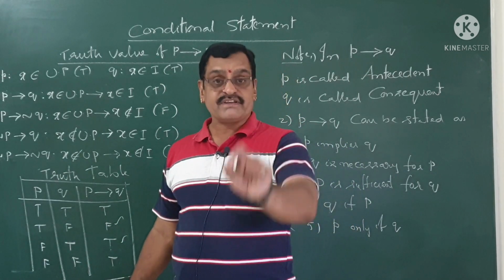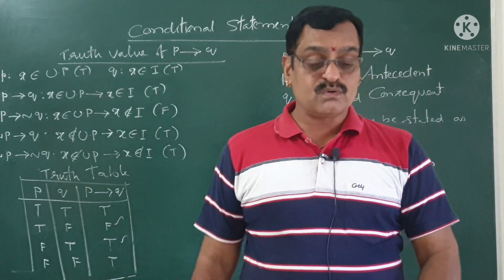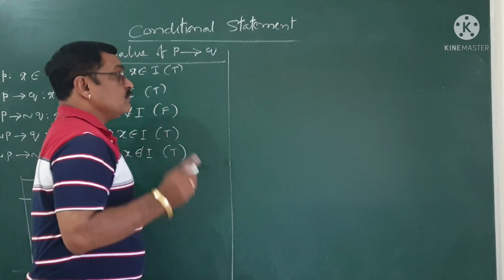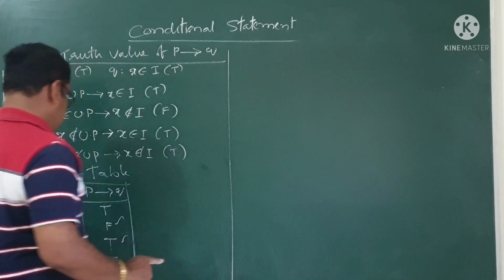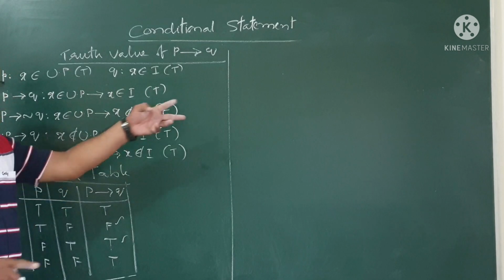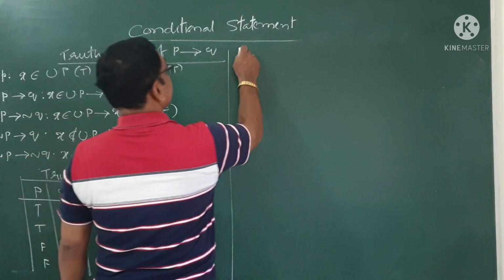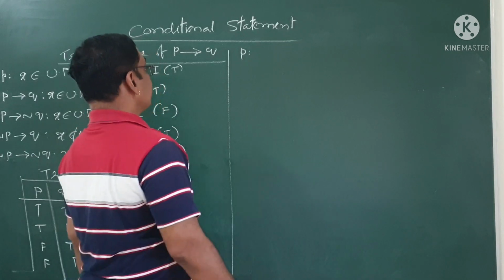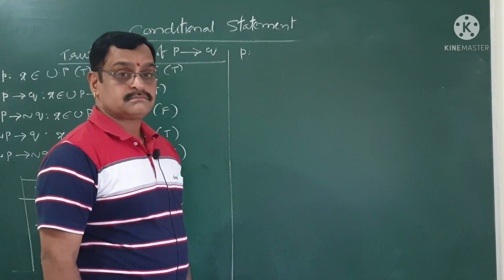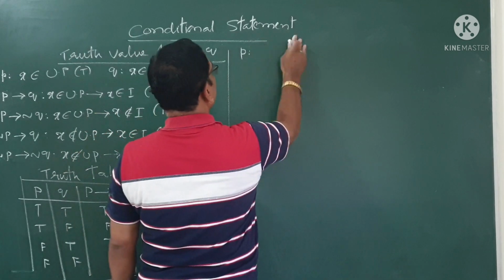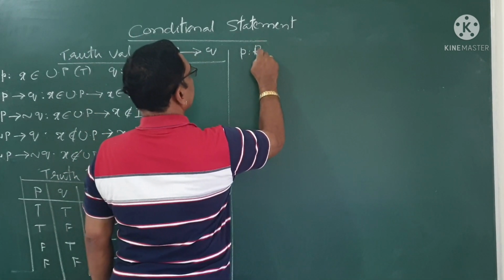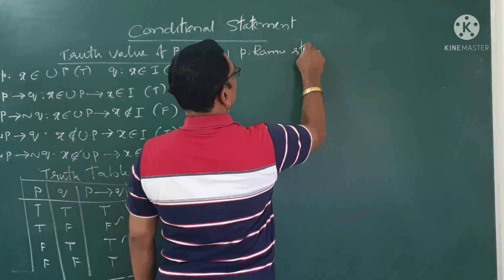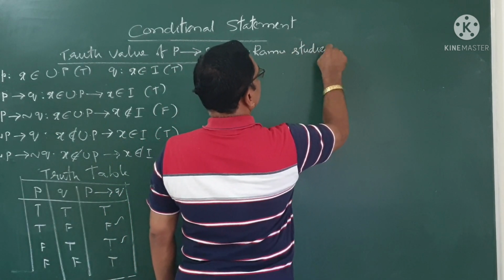Let me use one more simple example to understand the concept. Only to make you understand the ambiguity about these two, I am giving one more example. P statement: let us say X is a person, Rama. Rama studies well.